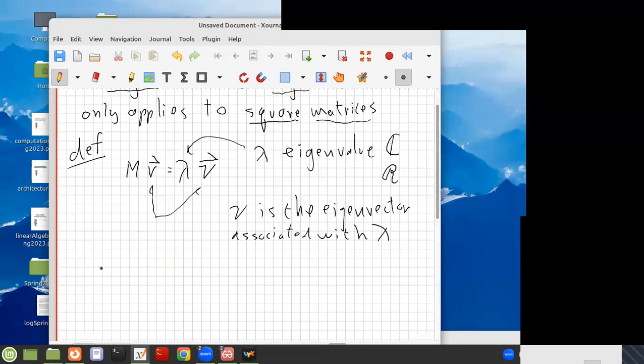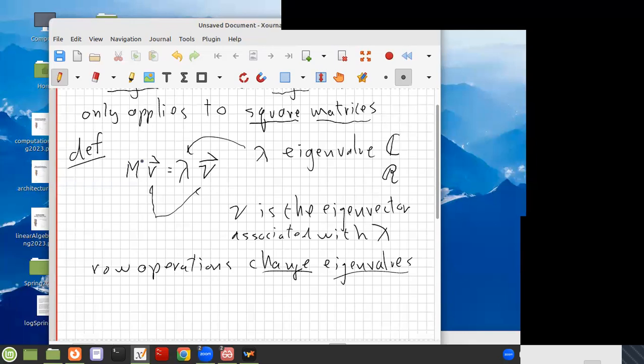Now one crucial thing is that row operations change eigenvalues. This equation only makes sense for a given matrix. If you do a row operation, it's a different matrix that will have different eigenvectors and eigenvalues. So it's characteristic of the matrix.